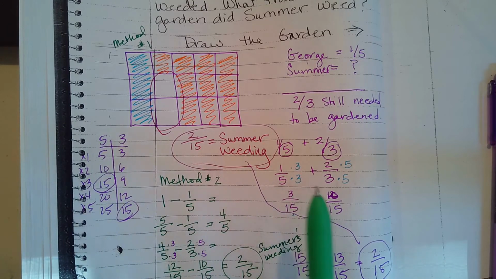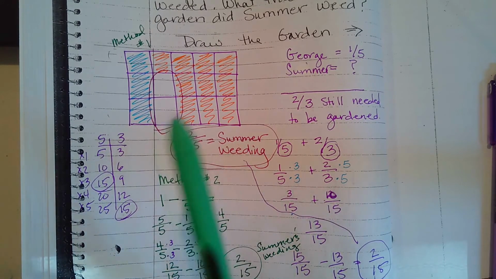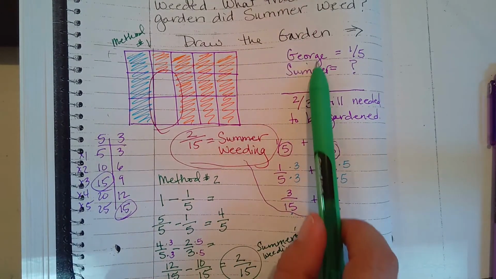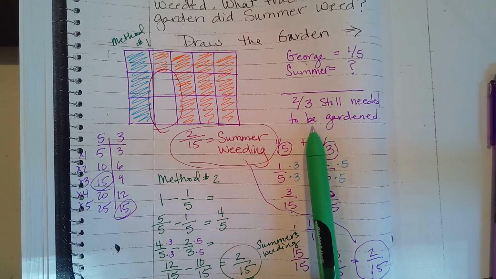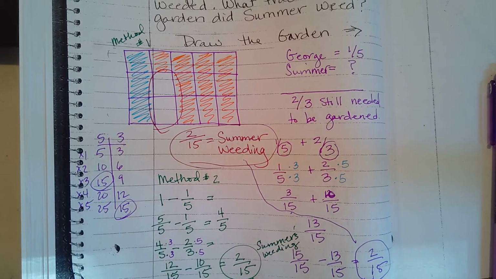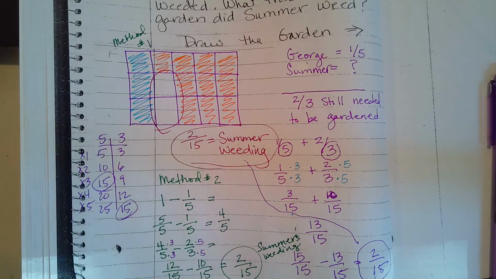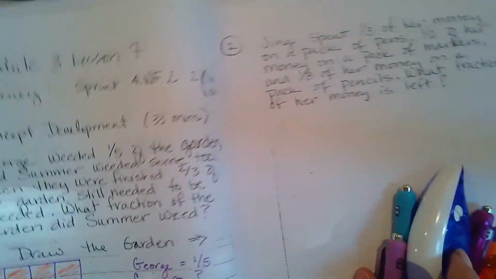So understanding how to work this problem, being able to read the word problem, pull out the information you do know, and try putting it together. Always draw a picture. Drawing the picture basically told us exactly the information that we needed to know. All right, moving on. Problem 2.